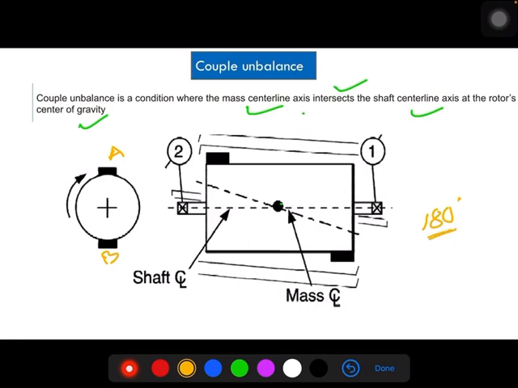Then there is a couple unbalance, means the rotating equipment wobbles during the rotation. In this case, in the stopped condition, when you rotate the impeller, there is no static unbalance here, since the unbalance weights are opposite, 180 degrees apart, so the heavy spot will not stop at the bottom in case of couple unbalance.